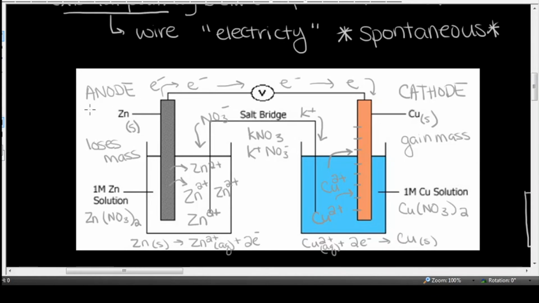You can remember that as an ox and red cat. So some animal references to help you remember that. Reduction happens at the cathode, oxidation happens at the anode. So an ox and red cat.